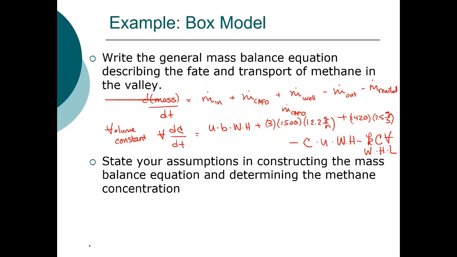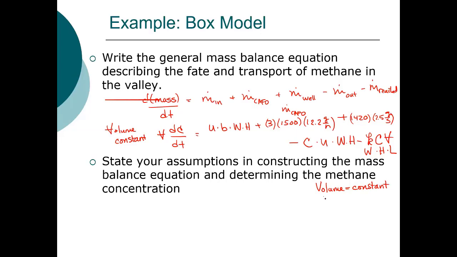And then the next thing that I asked you to do was to state your assumptions in constructing the mass balance, and looked at a number of your work. Okay, most of you came up with quite a few assumptions. So we just said that the volume is a constant.